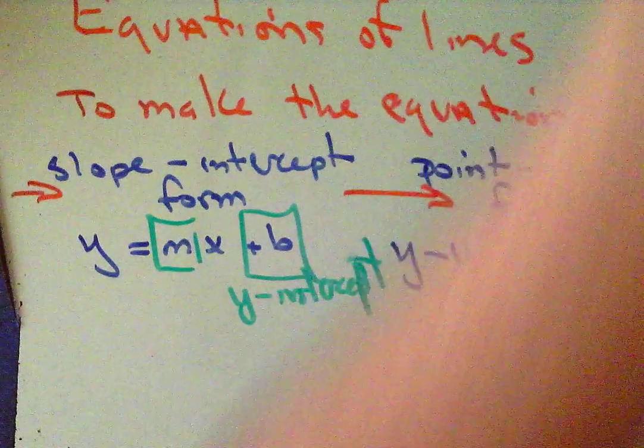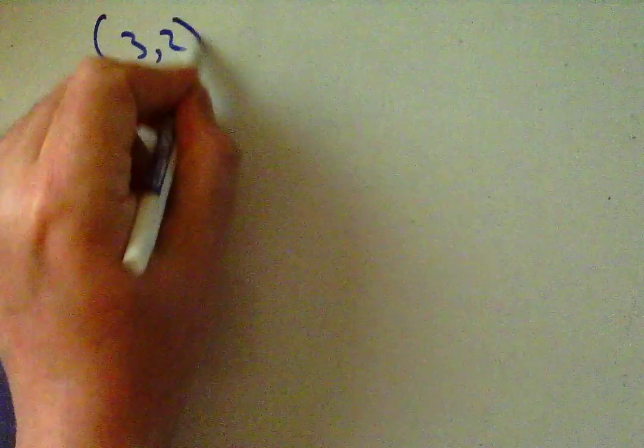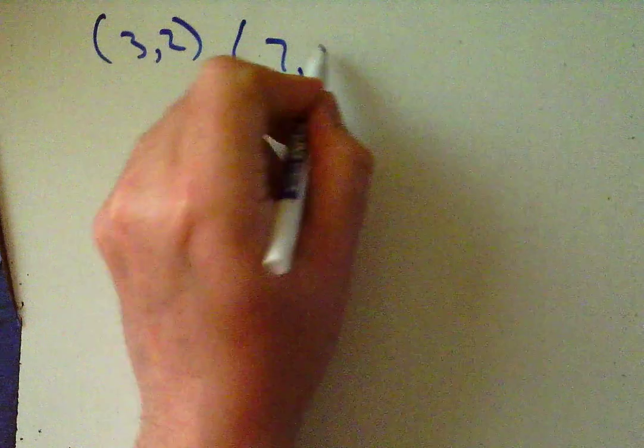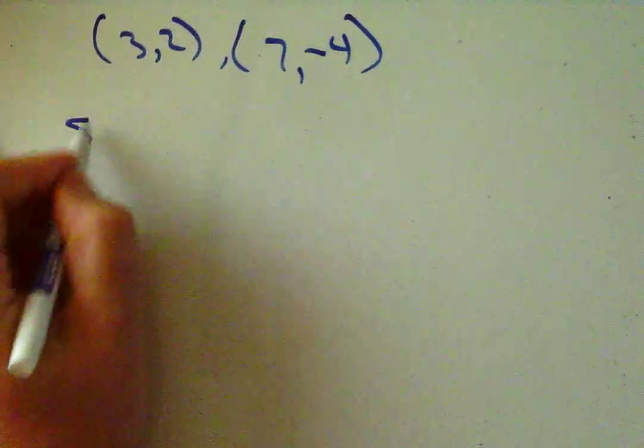Well, let's see about writing the equation of a line with each of these forms. Okay, we've got ordered pair (3, 2), another ordered pair (7, negative 4). Let's start with slope-intercept form.